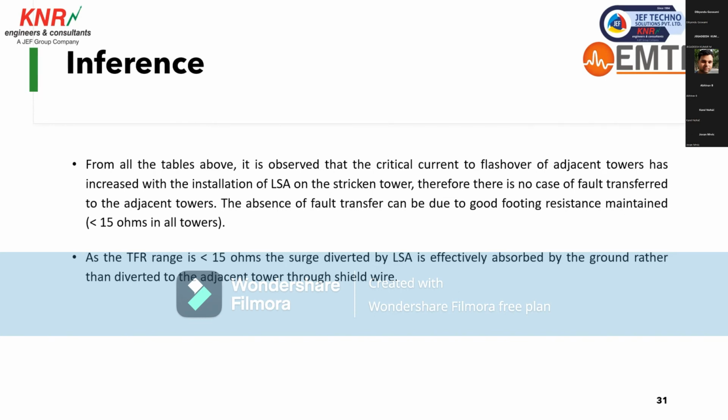Since we are able to maintain a very good tower footing resistance of 15 ohms and below, this phenomenon of fault transfer to the adjacent tower was not identified, or is not probable. So this is a crucial parameter. The TFR value has to be maintained well below this limit in order to avoid degradation of performance even after the installation of surge arresters.